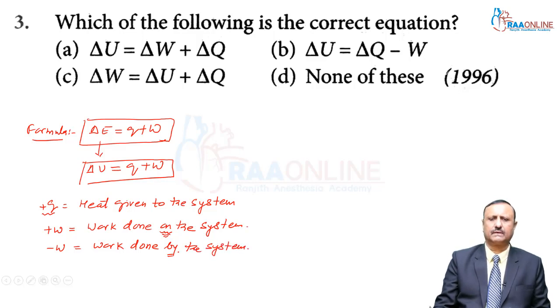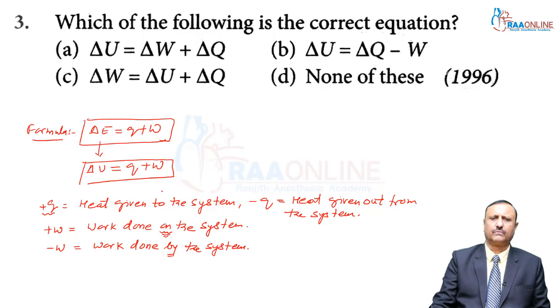So my dear students, here work done by the system is minus W, work done on the system is plus W, plus Q is heat given to the system, and here you can see minus Q means heat given out from the system, and when heat is given out from the system, it means minus Q.